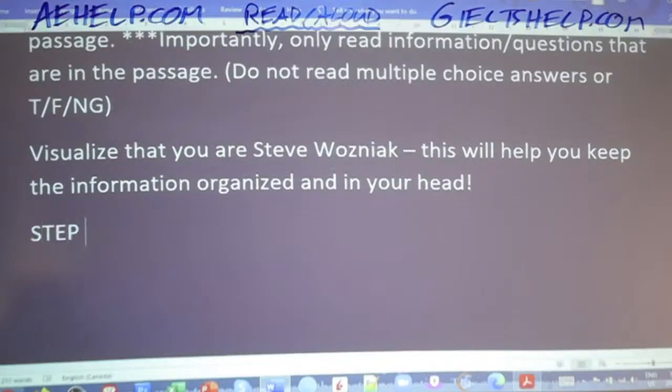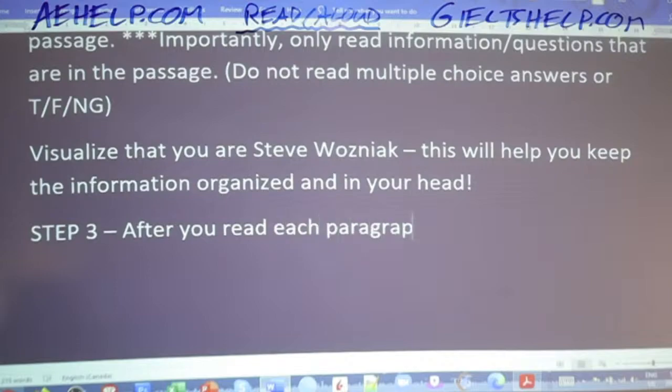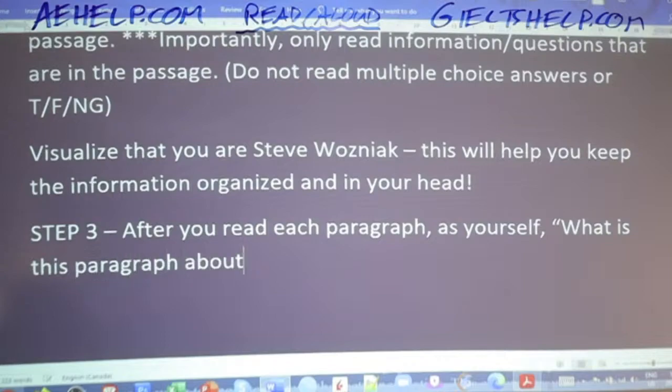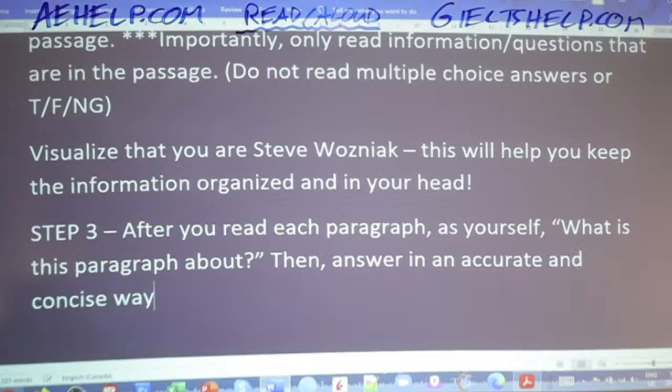Okay, so step 3. After you read, and this is a very important one for list of headings questions. We don't have that in this passage, but it's an extremely important strategy for that. So after you read each paragraph, ask yourself, what is this paragraph about? Then answer in an accurate and concise way.